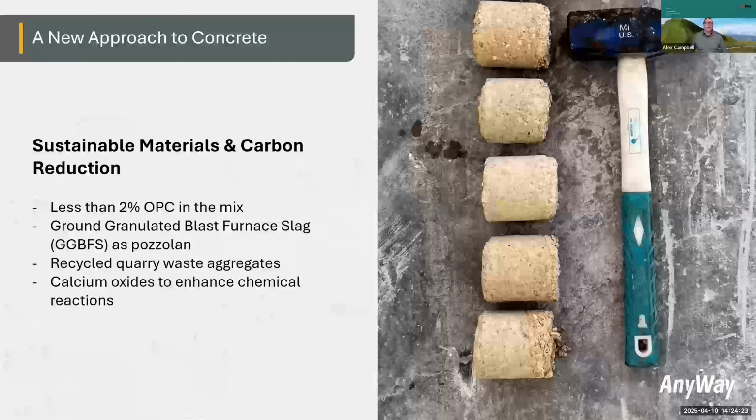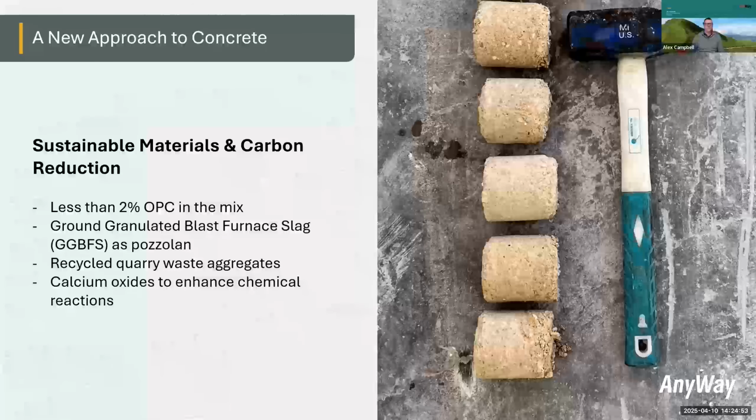There's less than 2% in the mix design. We incorporate a lot of ground granulated blast furnace slag, or GGBFS, or slag as we commonly know it, as a pozzolan. A pozzolan is important hydraulically because it provides density in the hydration process, but also contributes to long-term strength.